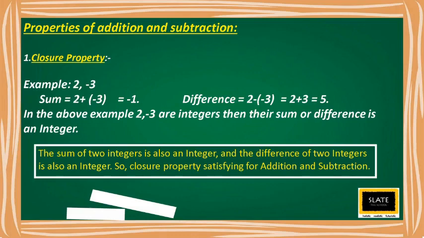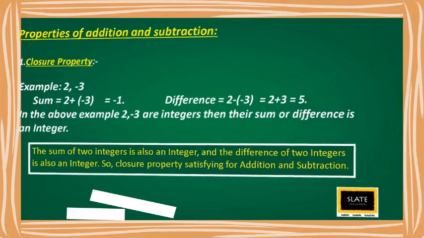Integers are closed under subtraction. The sum of two integers is also an integer and the difference of two integers is also an integer. So closure property satisfies for addition and subtraction.